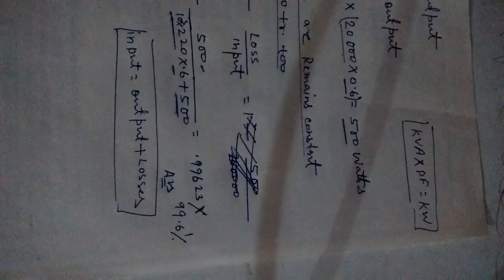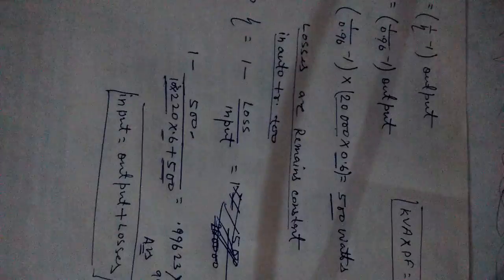So put here the losses, and this is the input of the auto transformer in kVA. This is the power factor, and this is the loss. That will be 0.99623. No, not percentage. Percentage will be 99.6%. Okay, thank you.